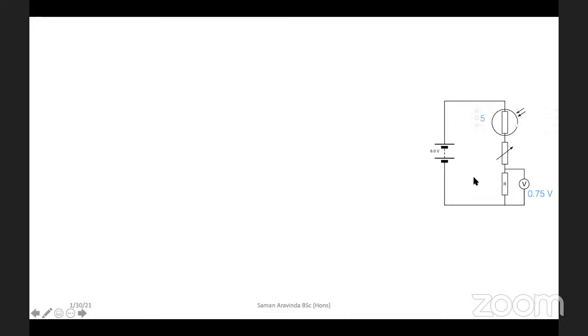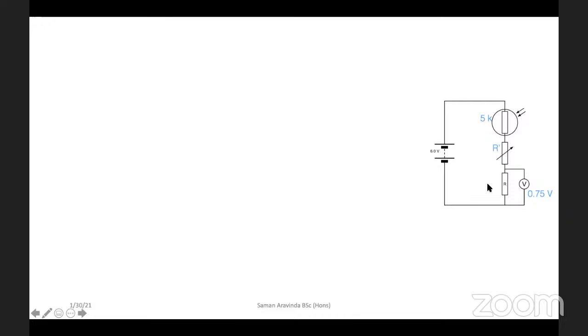What is the other one's resistance? The variable one, so let's call it R dash. We need to find R dash.